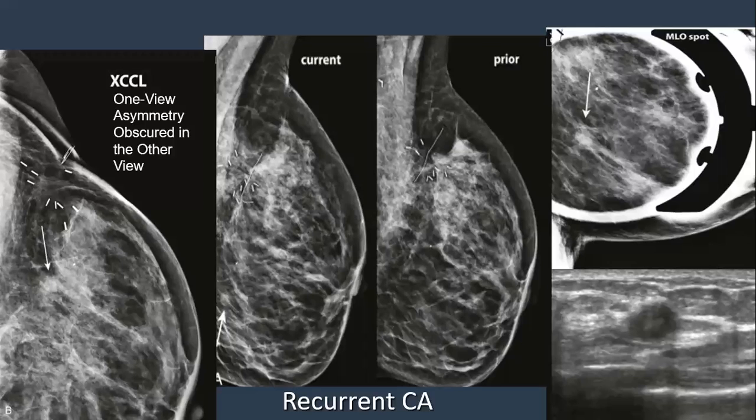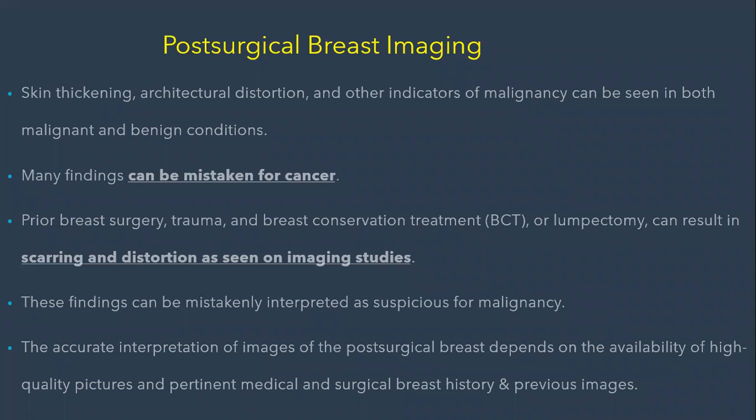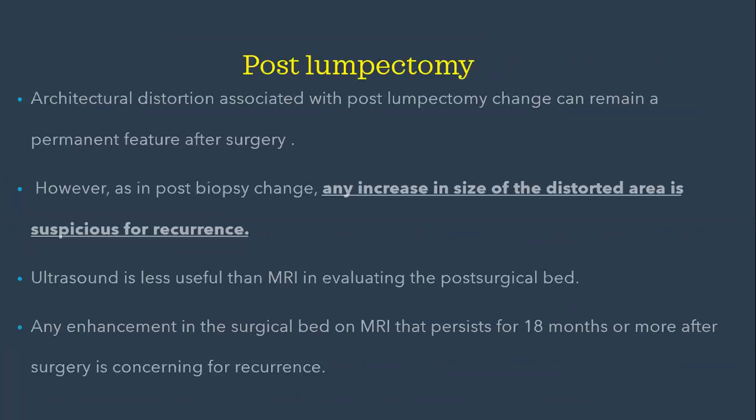Okay, so post-surgical, we have a lot of benign post-surgical features that can be mistaken for cancer and can simulate cancers. We have to be aware of it. What about the post-surgical complications?